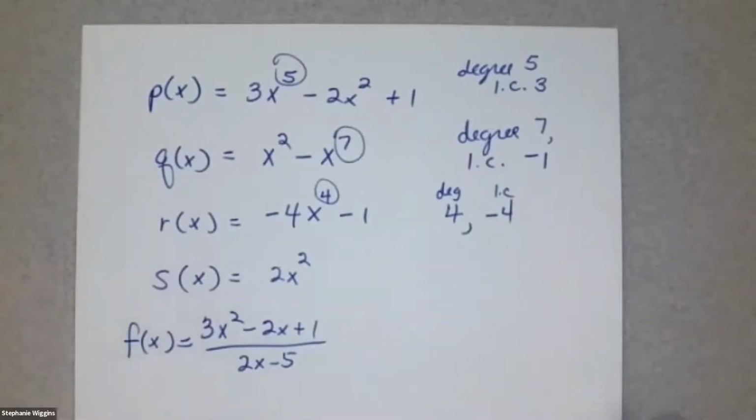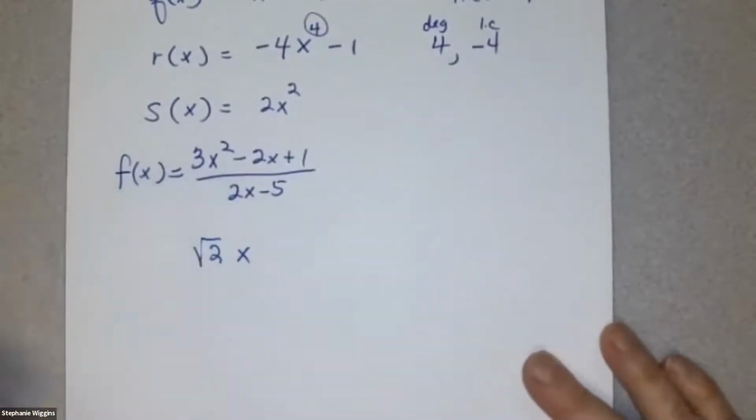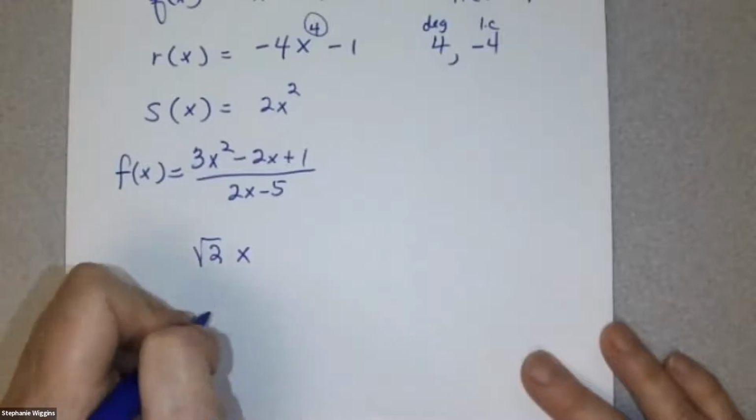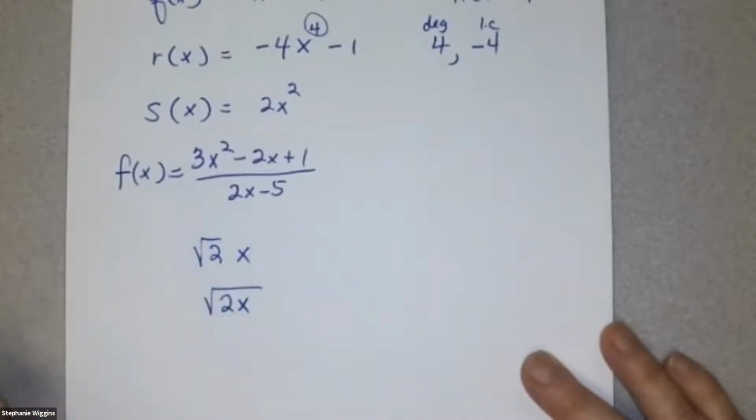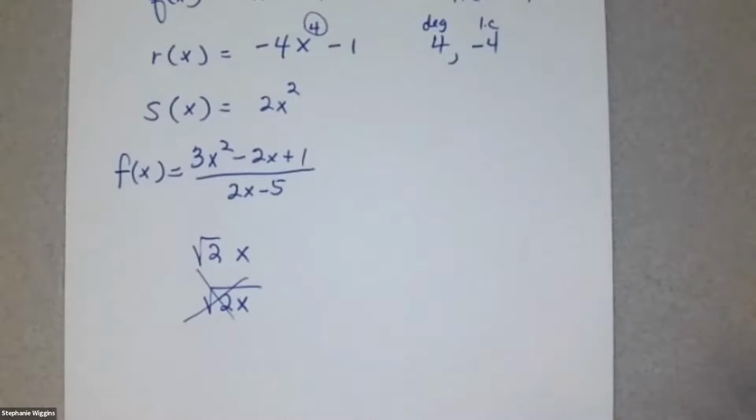And also you cannot have radicals with the x under the radical. So square root of 2 times x, that's a polynomial, but square root of 2x is not a polynomial, okay, because the x is under the radical. So you can't have negative exponents, and they also can't be fractions.